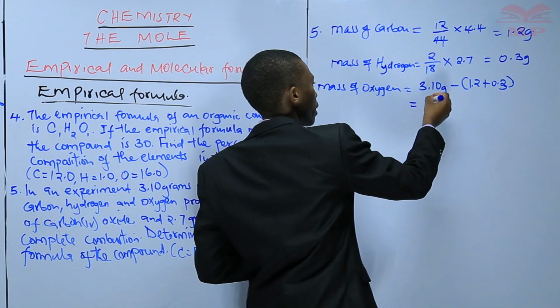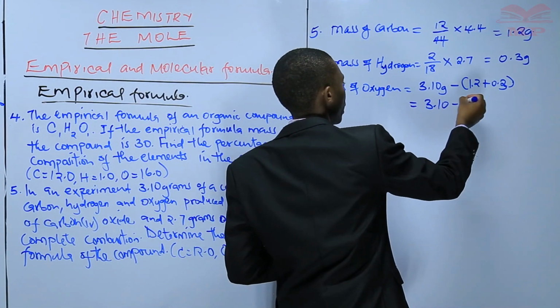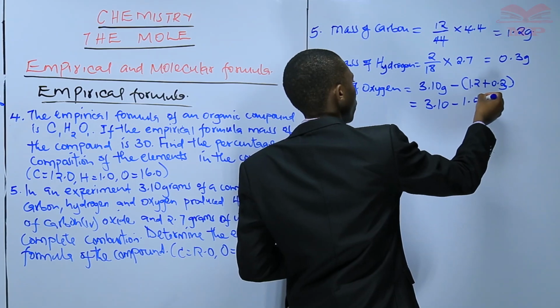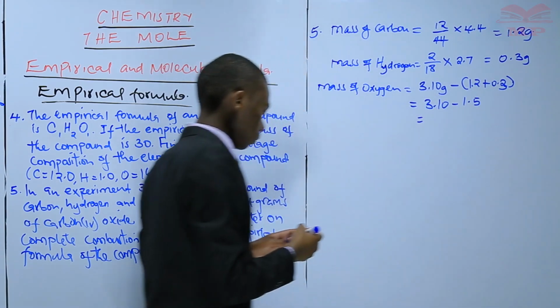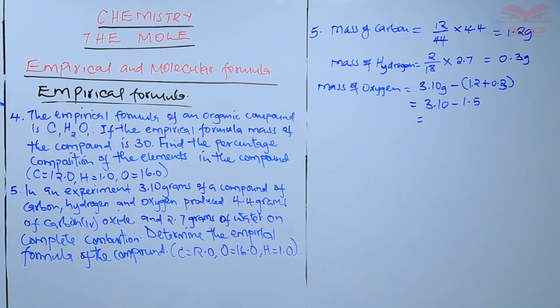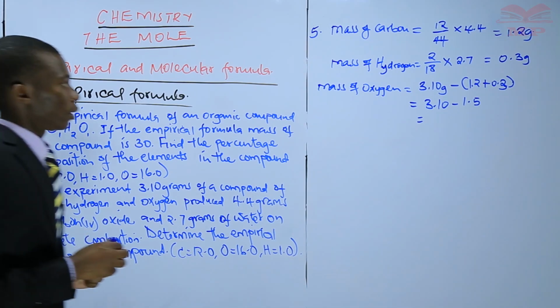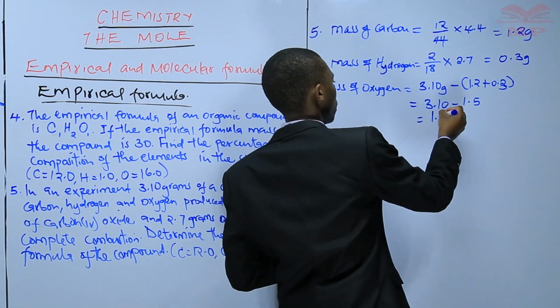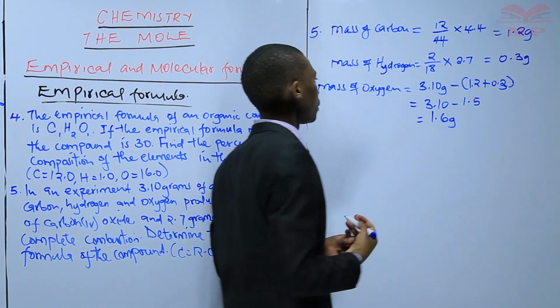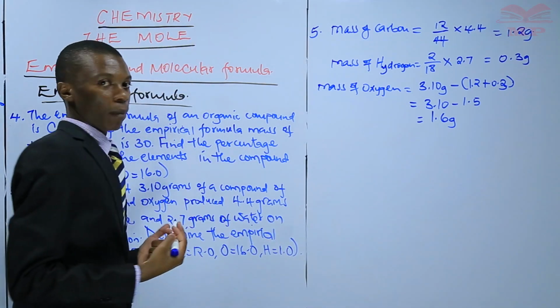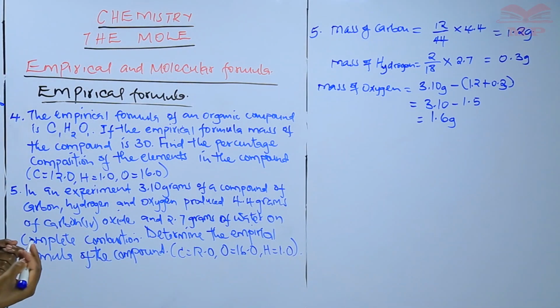This is 3.10 minus 1.5, and it gives you 1.6 grams. That is now the mass of oxygen.